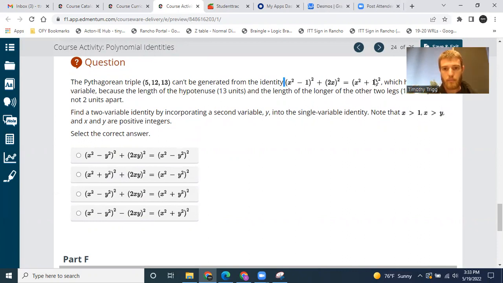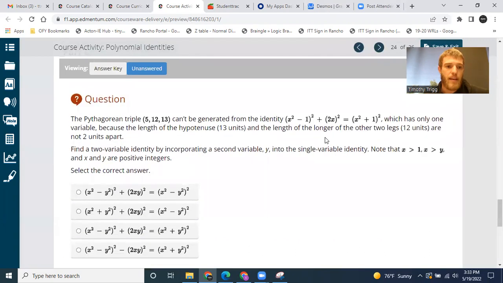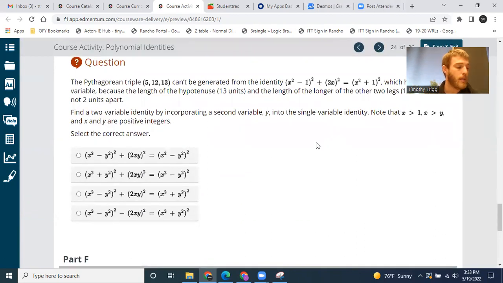This one up here. But we can have a second pattern. The second pattern that works is actually this: x squared minus y squared, plus 2xy, equals x squared plus y squared, squared.